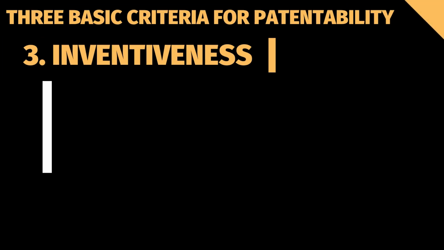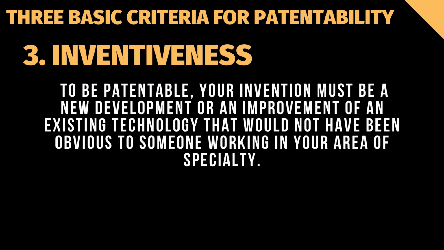And number 3. Inventiveness. To be patentable, your invention must be a new development or an improvement of an existing technology that would not have been obvious to someone working in your area of specialty.